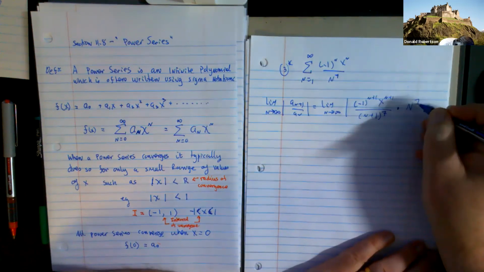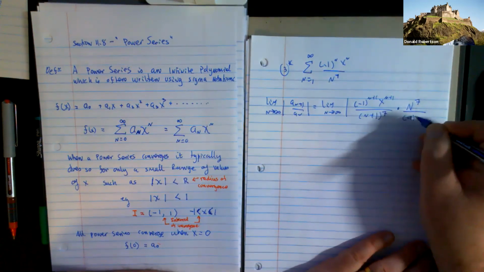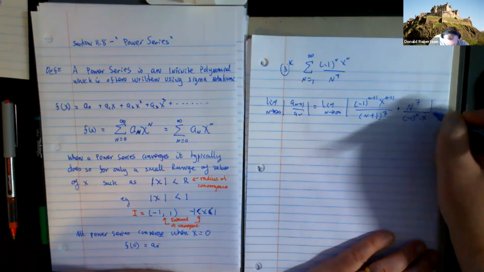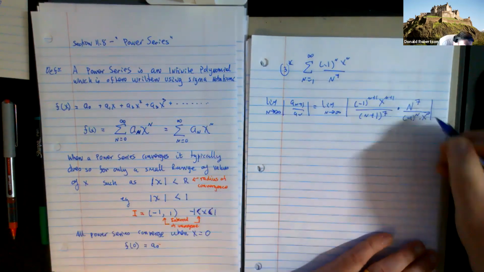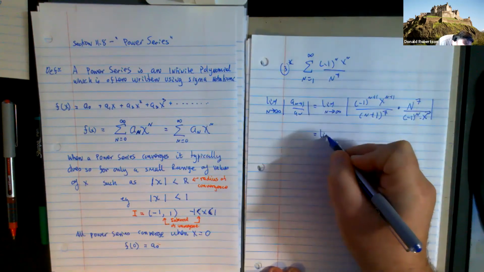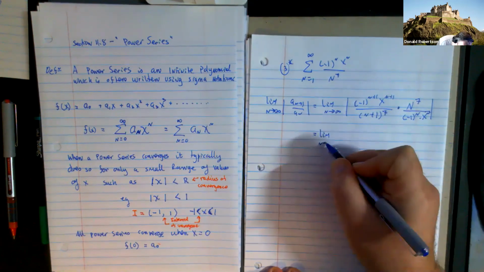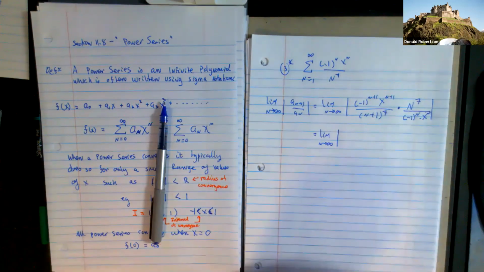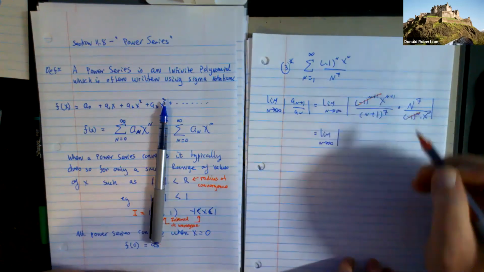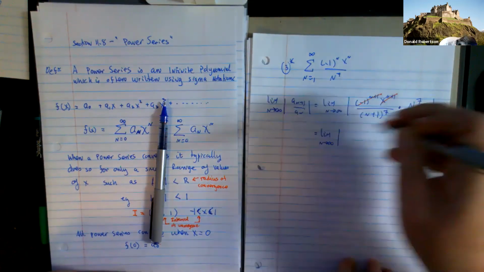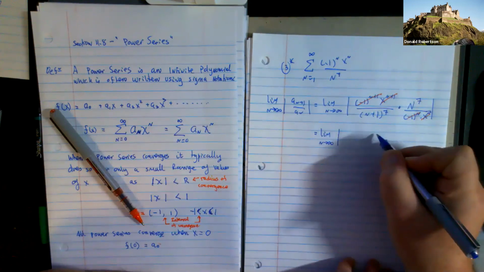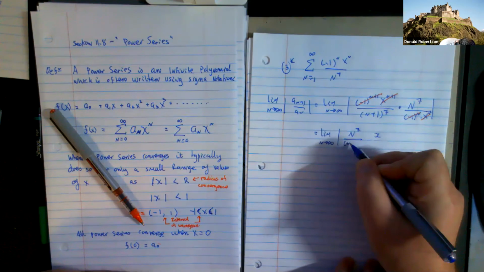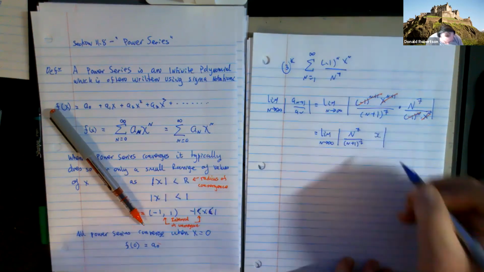Turn me upside down: n to the 7, negative 1 to the n, x to the n. Limit as n tends to infinity then. See who we got. All those get killed. That guy will kill that guy and leave an x on the top. I have an n to the 7 and an n plus 1 to the 7 left over.